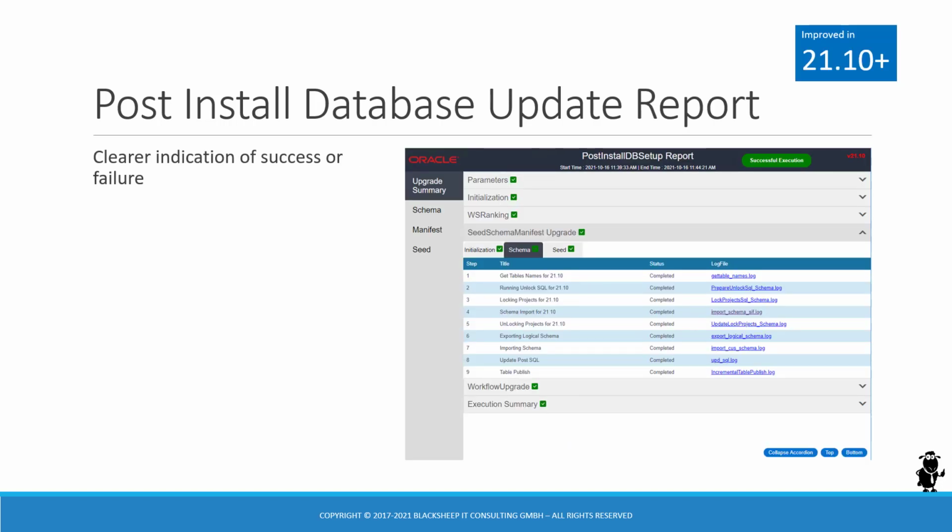The post-install database update report has also gotten an overhaul, which now seems pretty complete. So there's a clear indication of success or failure for the entire process and for each step, indicated by a big green or big red marker on top and checkboxes or red boxes on the sections.